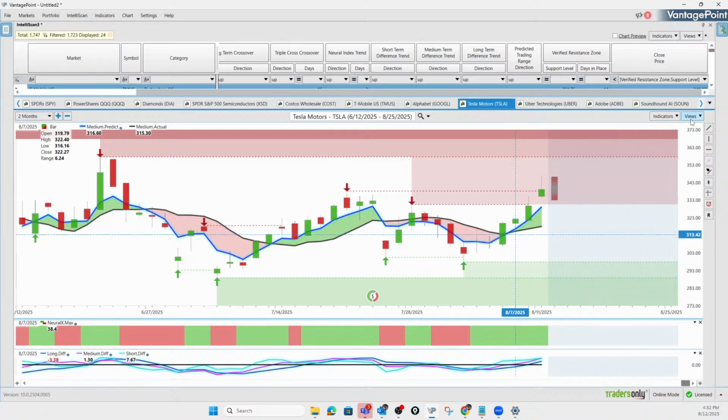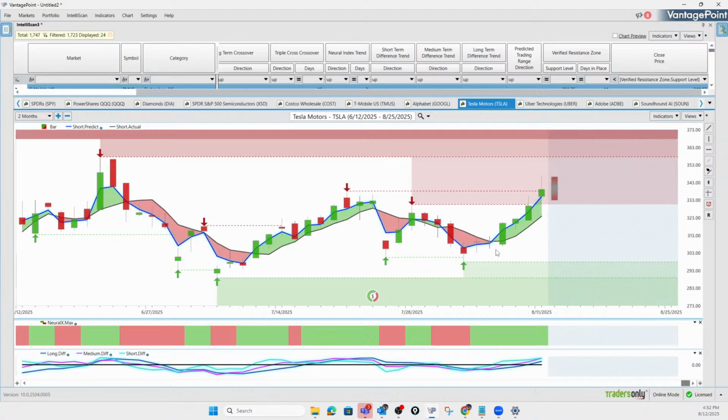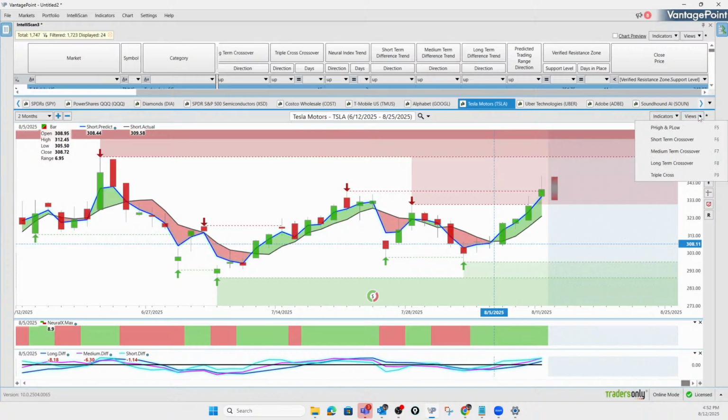Now, if you're a shorter term swing trader and you wanted to switch over to a shorter term crossover, this is going to help you see these trends just a little earlier, because our short term crossover, again, still utilizing that same predictive analysis, but a slightly different formula, is going to be a little bit more sensitive. The short term is just looking 1 day ahead.